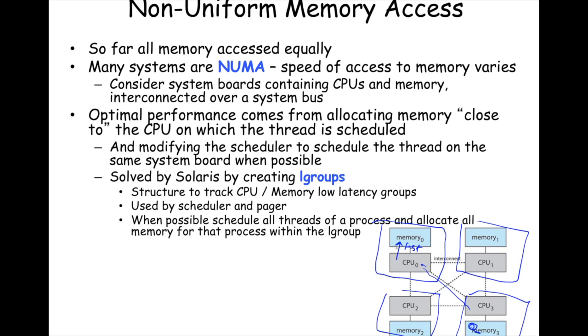And whenever you invoke the scheduler and the pager, you schedule all threads of a process and allocate memory for that process within the L group so that you pay the minimum cost for this paging to and from memory, because it's always local within that low latency group. And so there are considerations for multiprocessor architectures in the paging system.